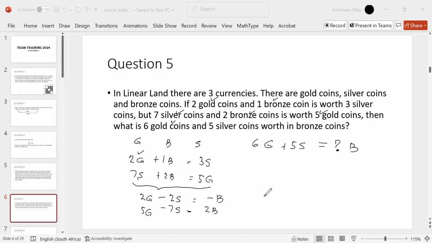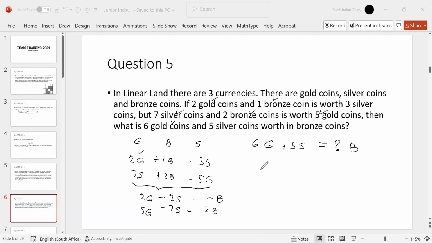So now, how do I find out how many G's there are? This is 2 equations and 2 unknowns, and hopefully in school you have done this. The way to do that is to eliminate the G's. You've got a 2 here, you've got a 5 here. To get rid of the G's, you have to multiply this by 5 to get a 10 here, and multiply this by 2 to get a 10 here, and subtract, and the G's will disappear.